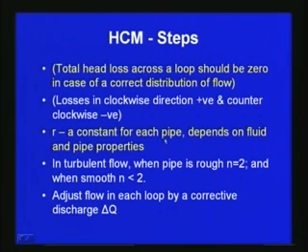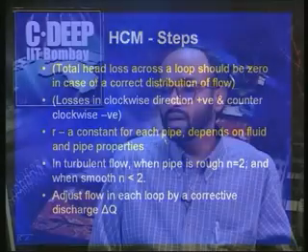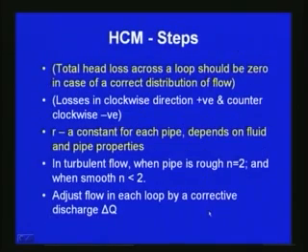So we assume that the R value is known for the given pipe network. Also, in this equation n is a constant. When we assume that the flow is fully turbulent and the pipe is rough, n is equal to 2, and for a smooth pipe it will generally be less than 2, it may be 1.8 or something like that, depending upon the type of pipe and the other fluid properties.